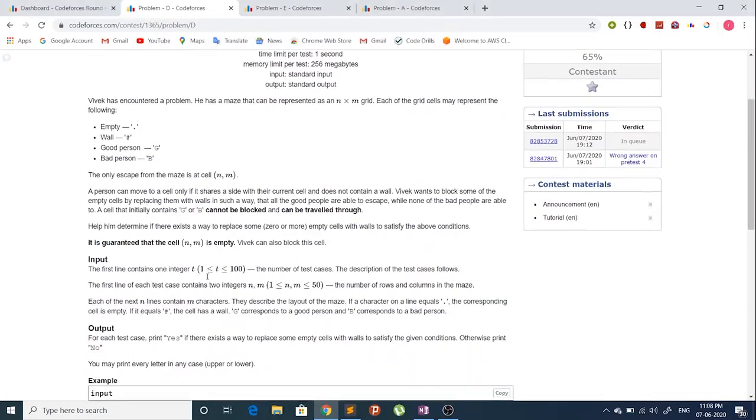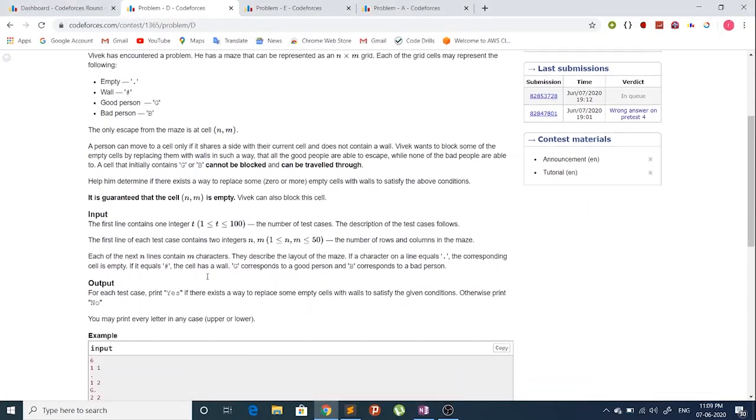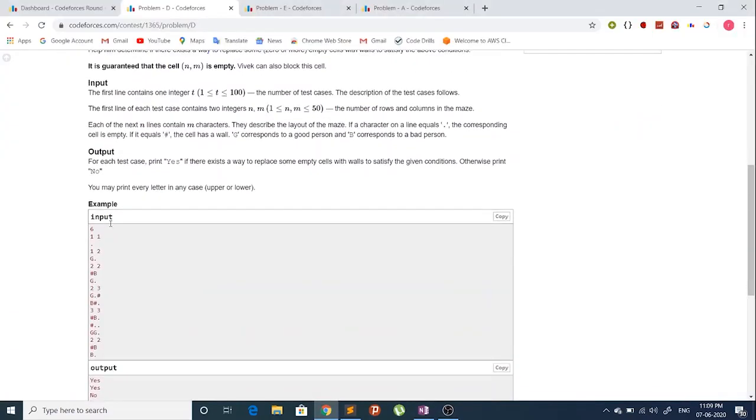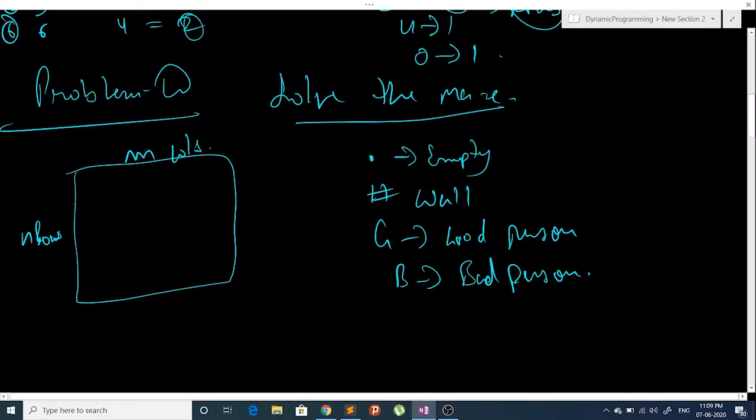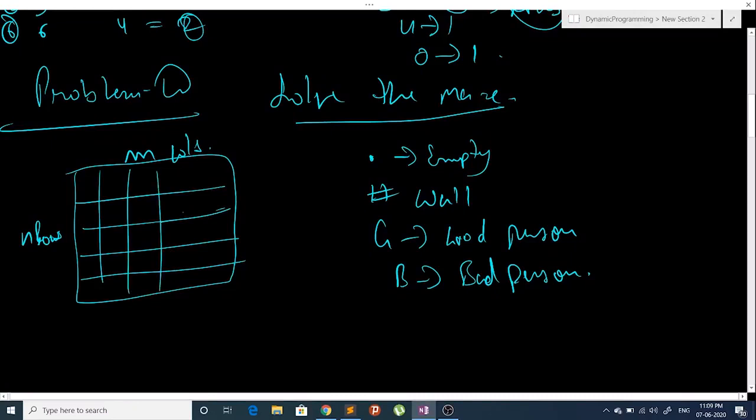In the problem we are given some initial condition of this maze. So let's say here I have 5 rows and 6 columns. My initial condition could be like, here I have a bad person, here also I have a bad person, and the rest are empty.